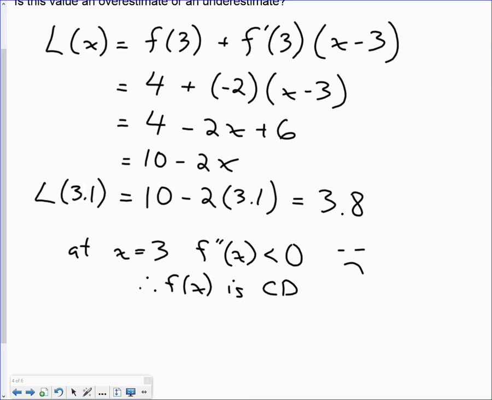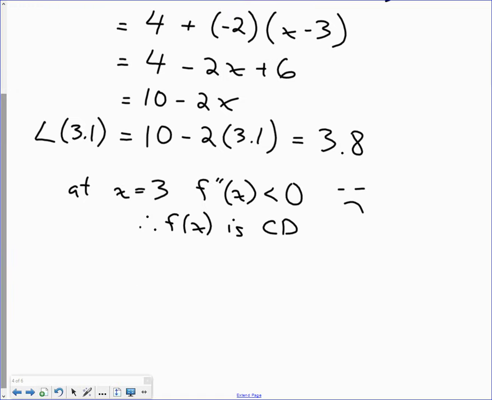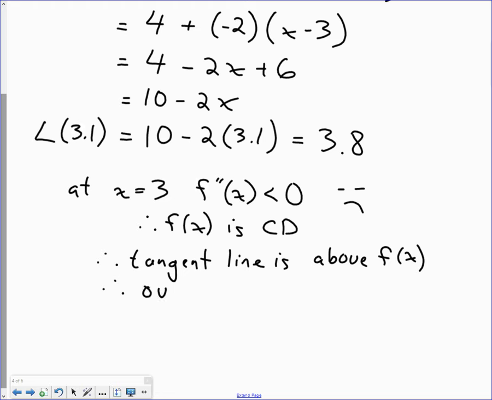If our curve is concave down, then our tangent line is going to lie above the curve of our function. So our linearization is going to be an overestimate. So we can say the tangent line is above f at x. Therefore, it's going to be an overestimate of the true value.